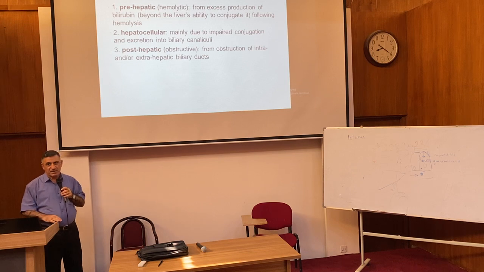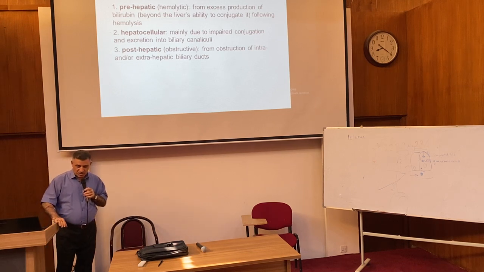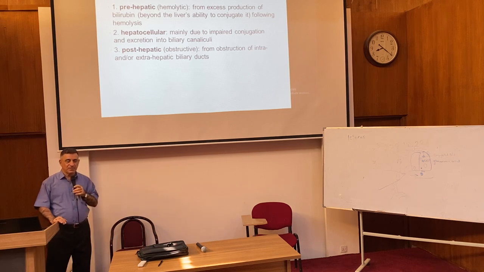If the defect is in the liver, means conjugation and excretion of the bilirubin, then it is of mixed type, conjugated and unconjugated are both high. This is called hepatocellular or hepatic jaundice.